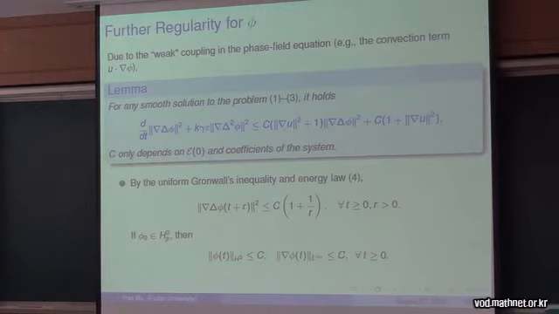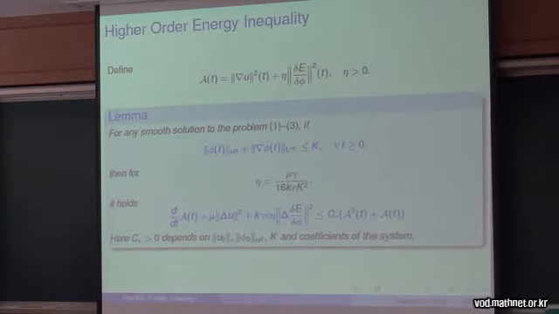And of course, if the initial data is more regular, then the H3 norm of the phase function is indeed bounded. And by Sobolev embedding, we have the L infinity norm of the gradient of phi is also uniformly bounded. And these uniform bounds enable us to prove the following high order energy inequality.